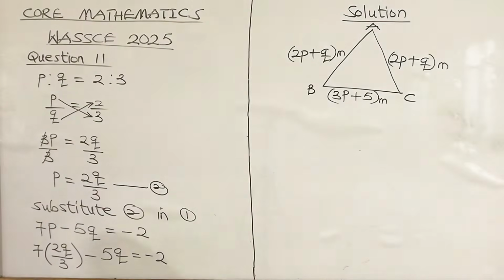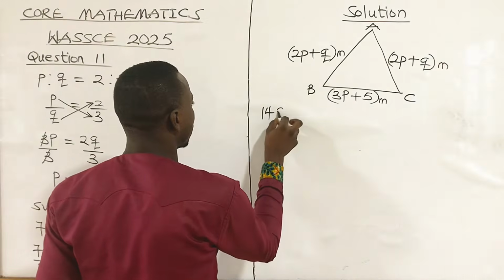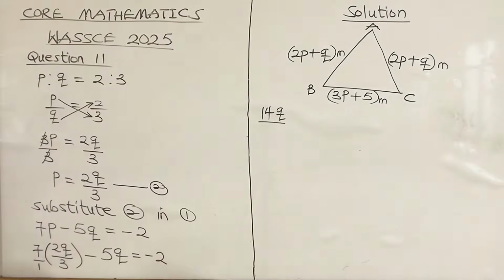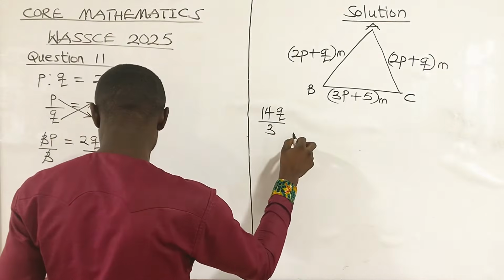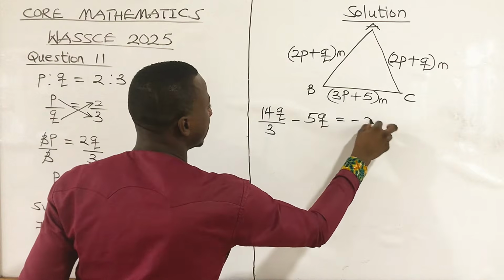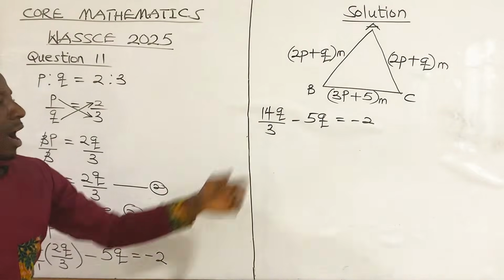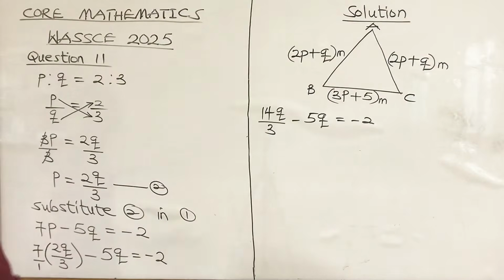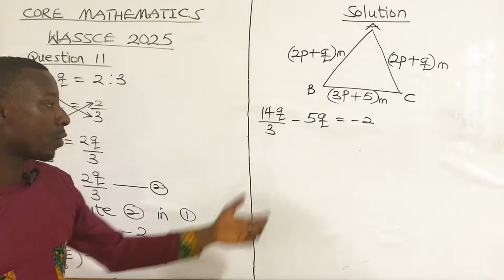From here, this 7 is the same as 7 over 1. So this 7, the numerator, multiplies 2q, the other numerator, giving 14q all over 1, the denominator, multiplying this 3, another denominator, we have 3, minus 5q, which is still equal to negative 2. I'm going to multiply through by the LCM, which is 3.